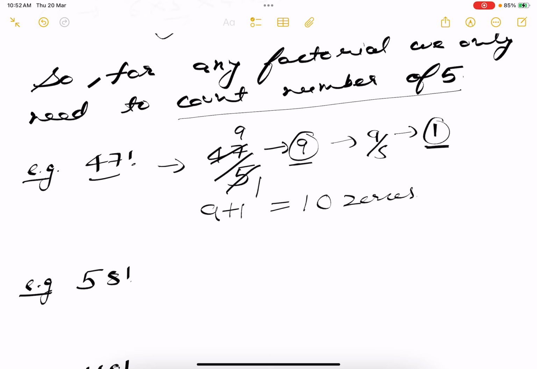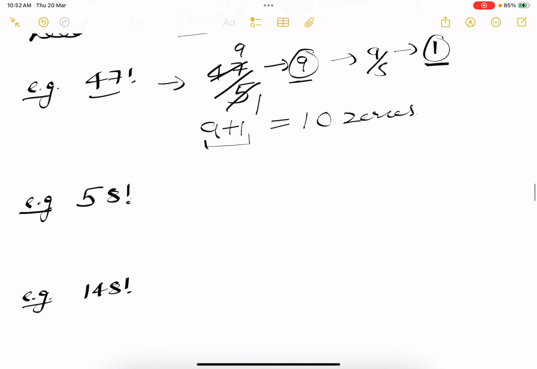Let's take it again. If any number factorial is given, since we only need to count the number of 5's, we divide that number by 5, and whatever the quotient is, that is the number of zeros. If the quotient left can still be divided by 5, we divide it again and take both the quotients, add them, and that would be the number of zeros. Let's take another example, 58 factorial.